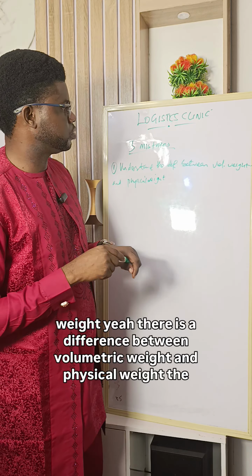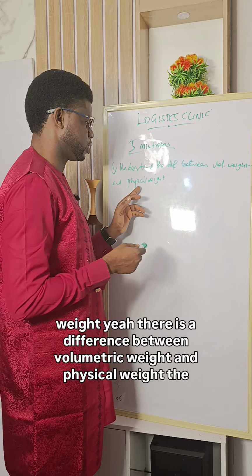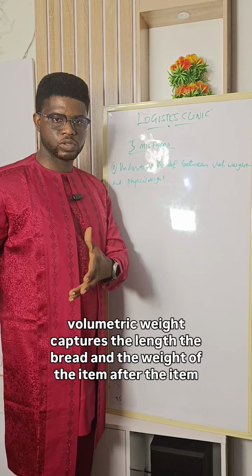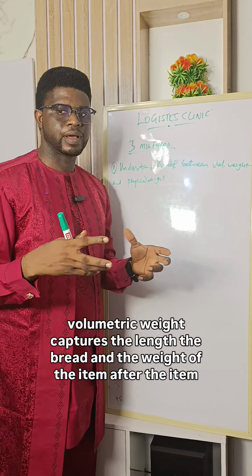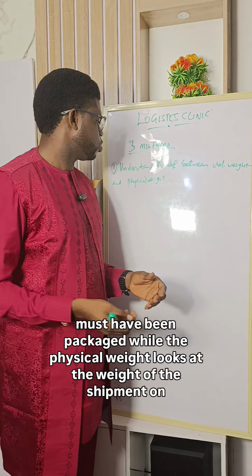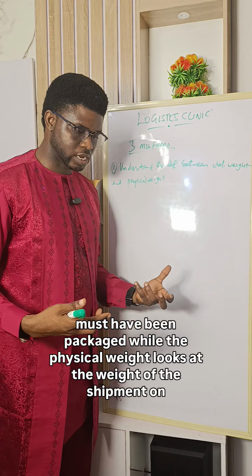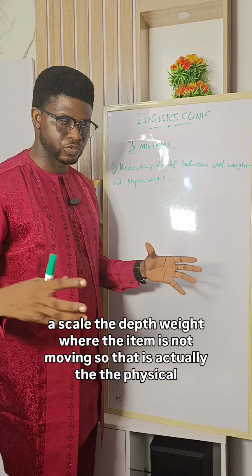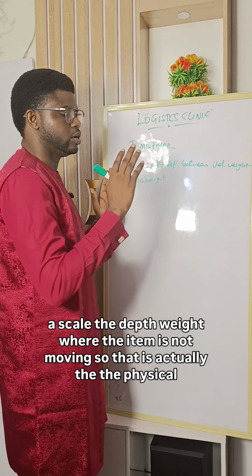Yeah, there's a difference between volumetric weight and physical weight. The volumetric weight captures the length, the breadth, and the width of the item after the items have been packaged. While the physical weight looks at the weight of the shipment on a scale, the dead weight, where the item is not moving. So that is actually the physical weight.